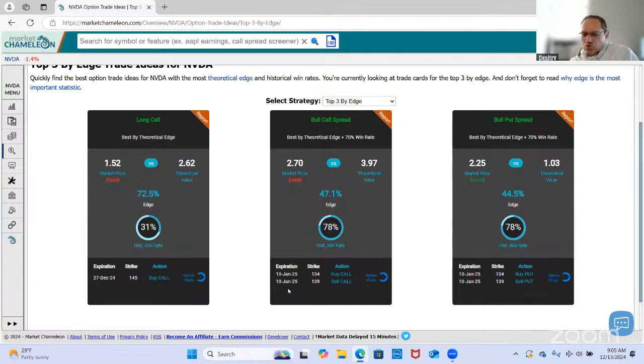Now that we see it, given the amount of time left in trading between now and January 10th, and the way the stock behaved historically, what do we think in theory this spread is worth? Anytime you're dealing with financial assets or risk assets, you're running valuation models.